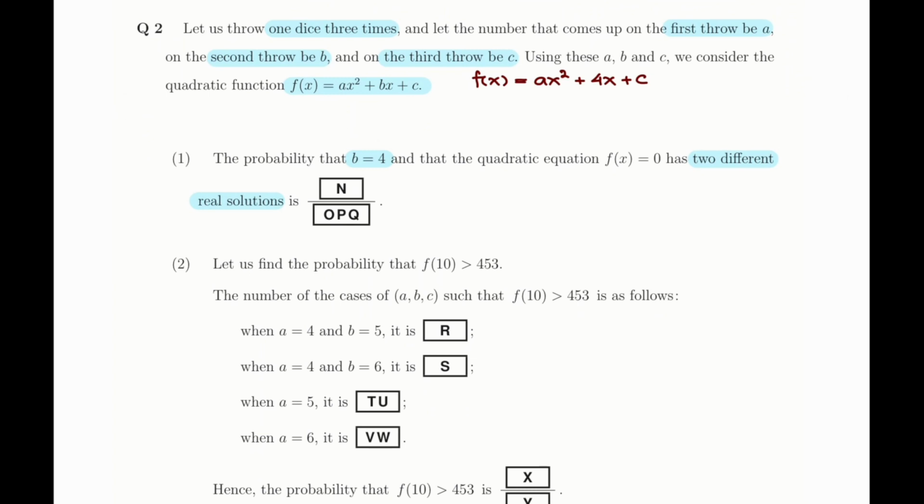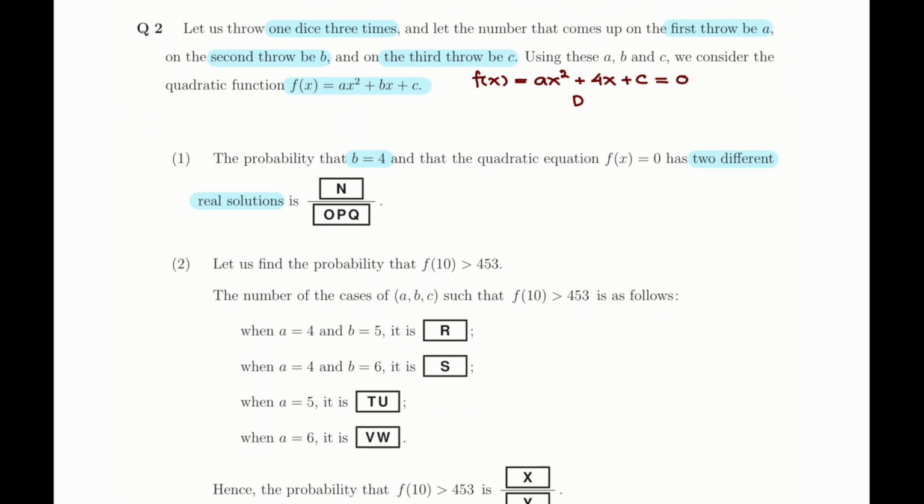And then this quadratic equation must have two different real solutions. The condition for a quadratic equation to have two real solutions is that the discriminant must be greater than 0.